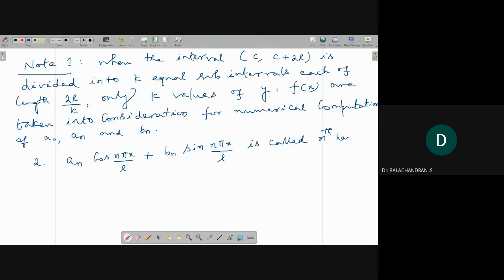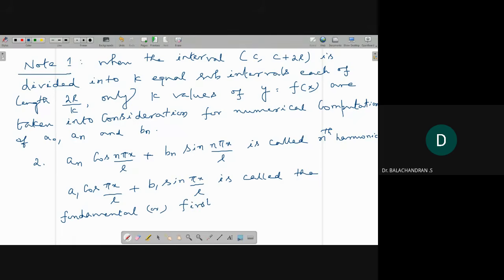Similarly, A1 cos pi x by L plus B1 sine pi x by L, with n equal to 1, is called the fundamental or first harmonic.